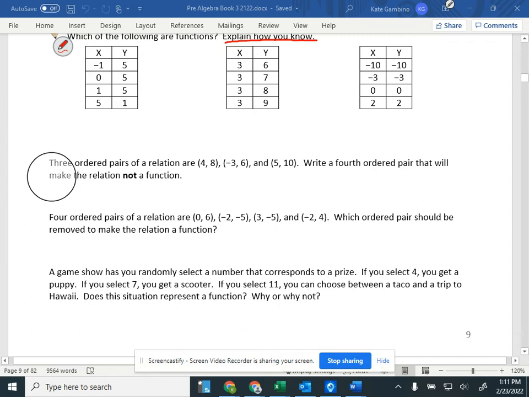Because there's only one of each number. Yeah, let's start with the answer first. Is it a function or not a function? The first one is a function because none of the x's repeat. No x's repeat.